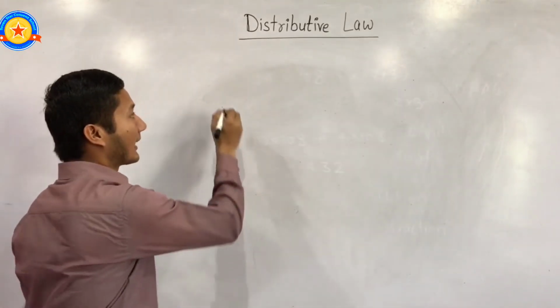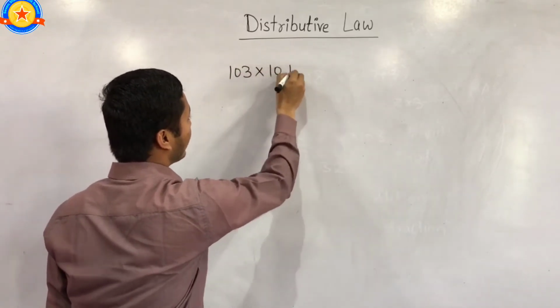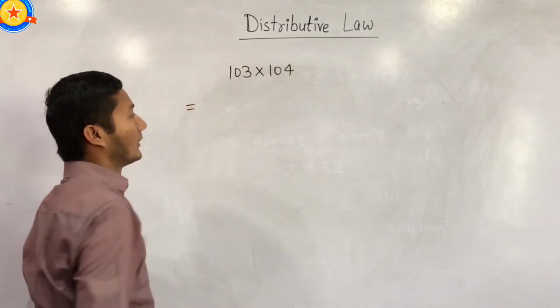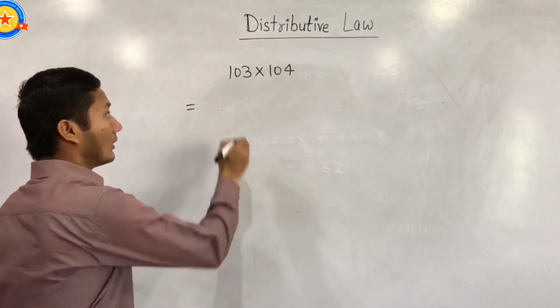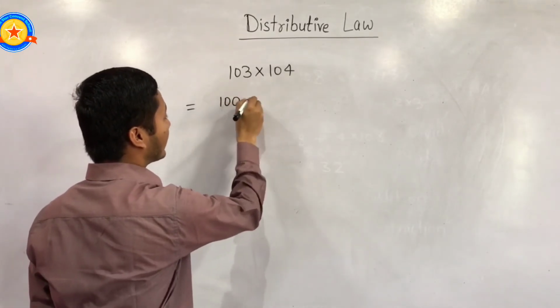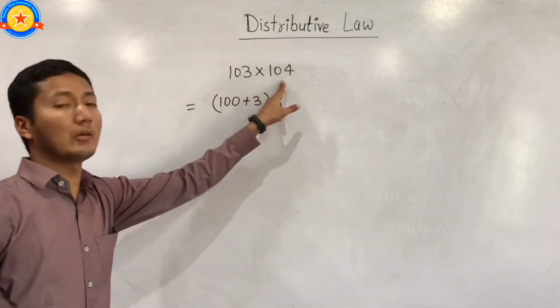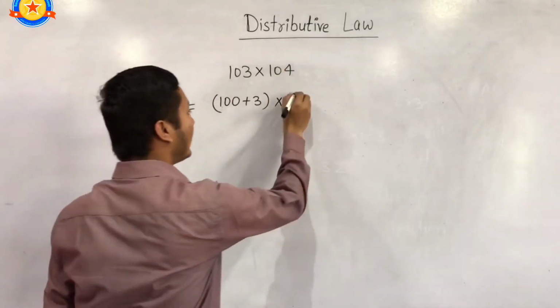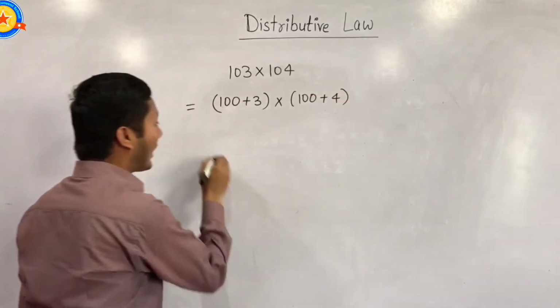Now students, if we take another example like 103 multiplied by 104, we can also do this question by the simple distributive law. We can break this number in two parts like 100 plus 3. One more thing here, we can also break the second number in two parts, like 100 plus 4. Now how will we solve it?